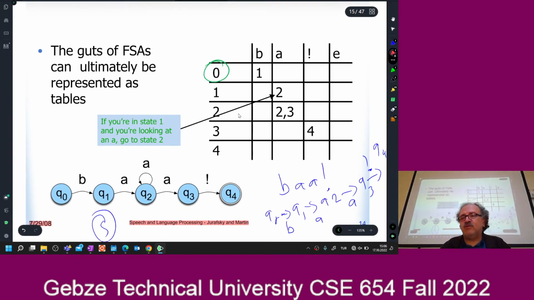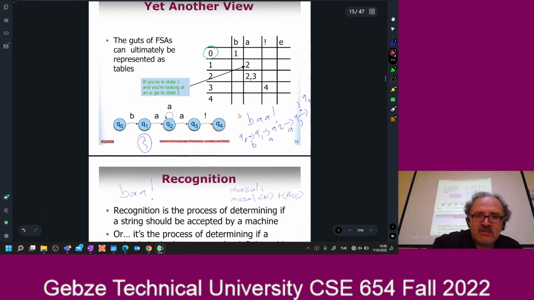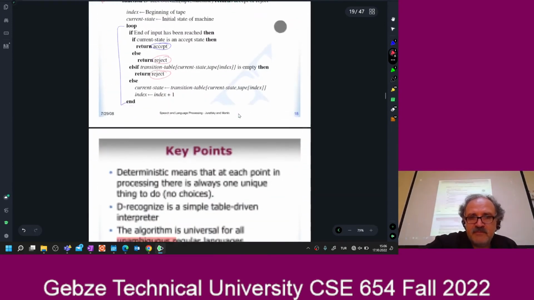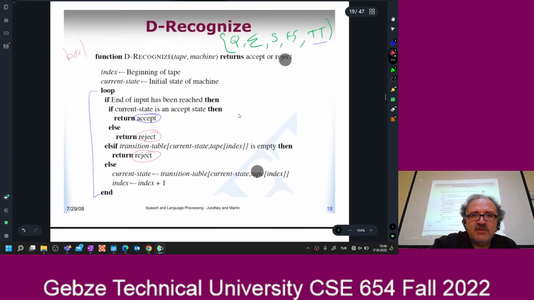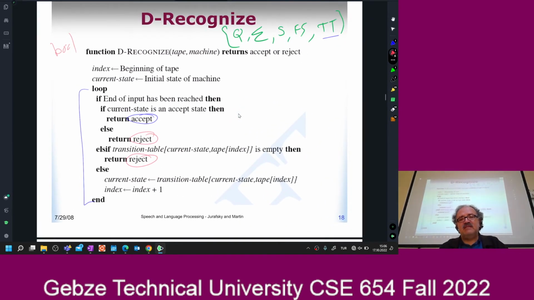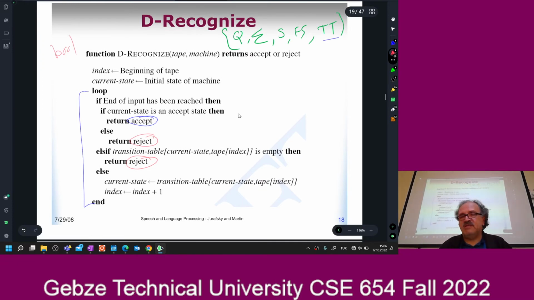There is nowhere to transition, so I reject it. The nice thing about this algorithm is that it is the same algorithm whatever your machine or input is. It is a very simple algorithm, and you keep running it for any input. That's the deterministic recognize.